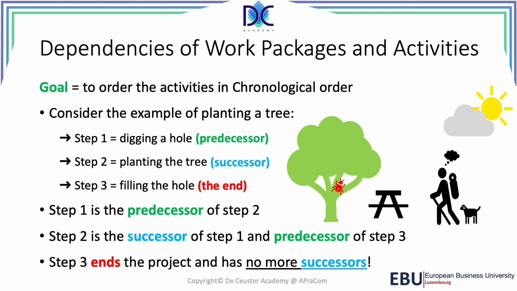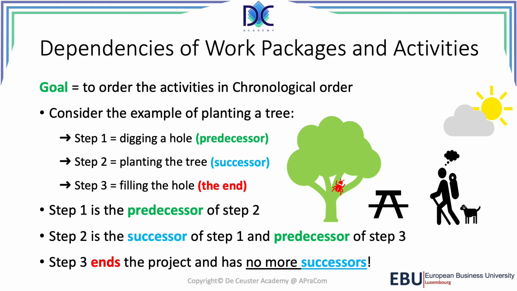And step 3 is the last step of this small project. Planting a tree, the deliverable is a planted tree. Step 3 ends the project and has no more successors. So basically, when we are looking at the precedence diagramming, when we are looking at the chronological relationship between activities, we're going to find out which are the predecessors.